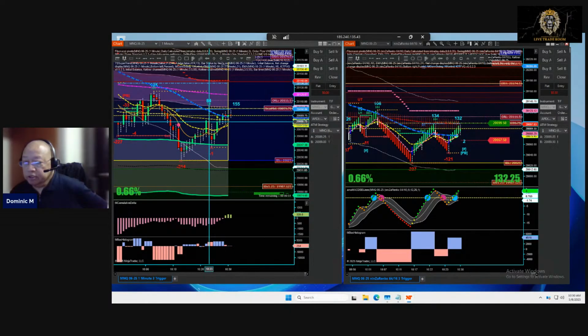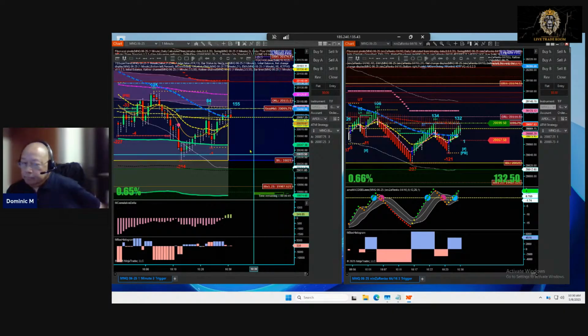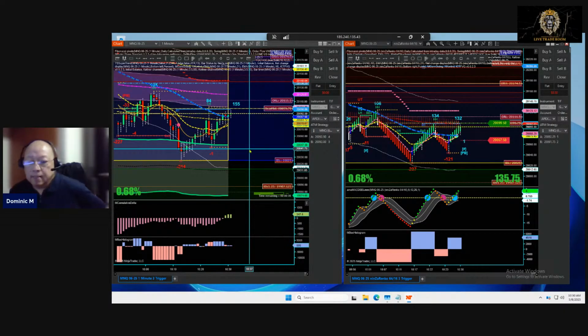So we're finishing. You see, it's closing above the mid band, but I want to see it break this high, this swing. I see some buying blocks here.